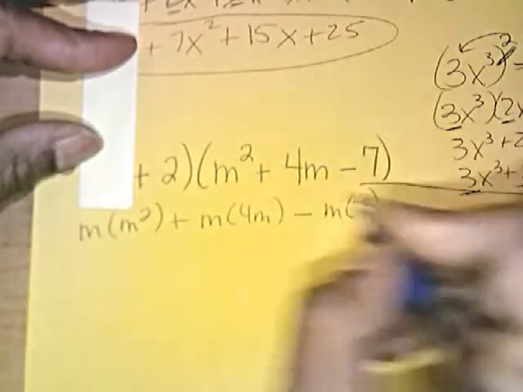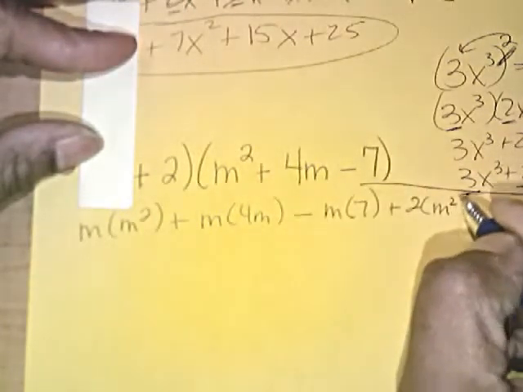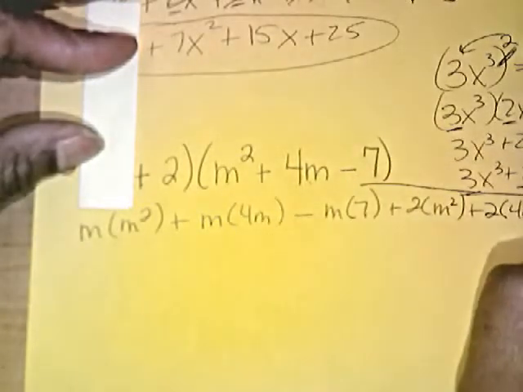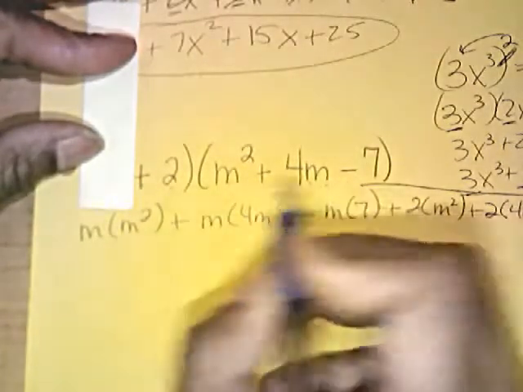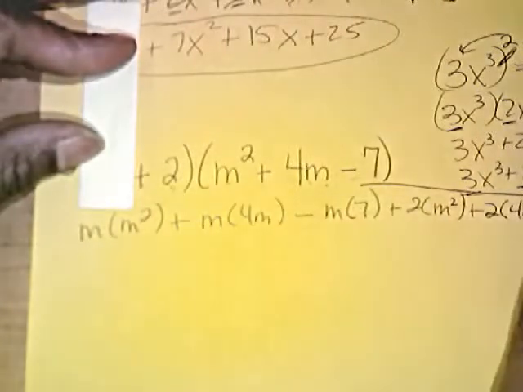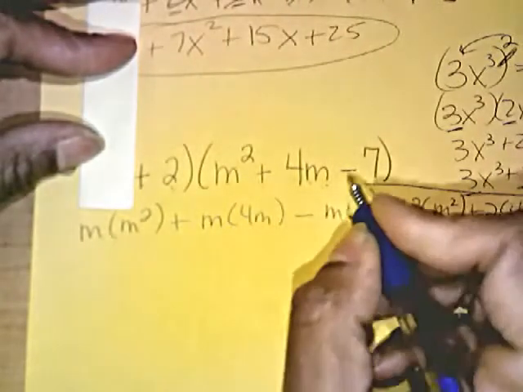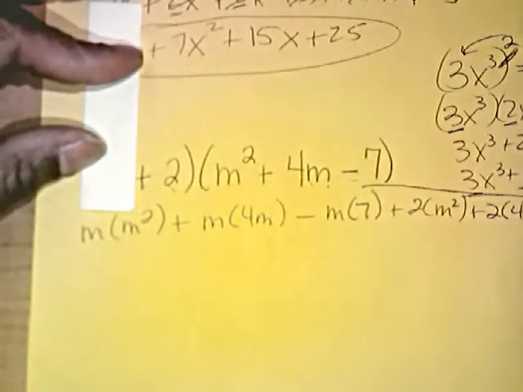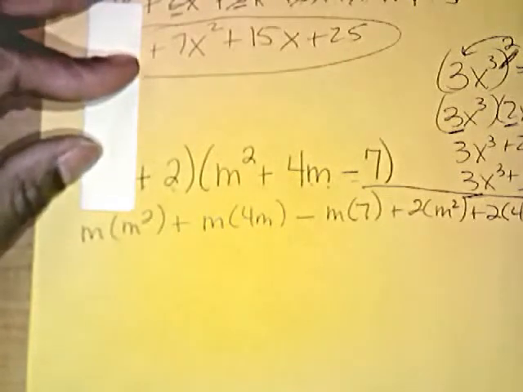So that becomes plus 2 times m squared, plus 2 times 4m. I look ahead. Minus 2 times 7. Now if I wanted to, I could do plus 2 times a negative 7 to make it consistent.